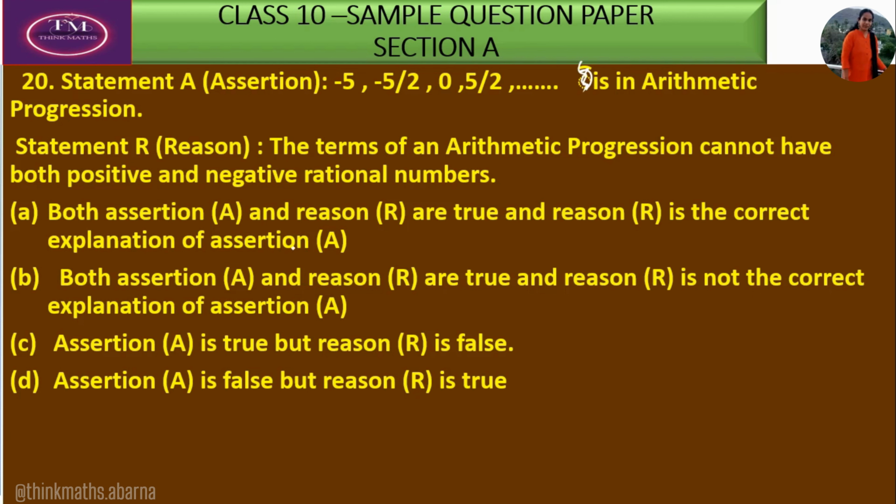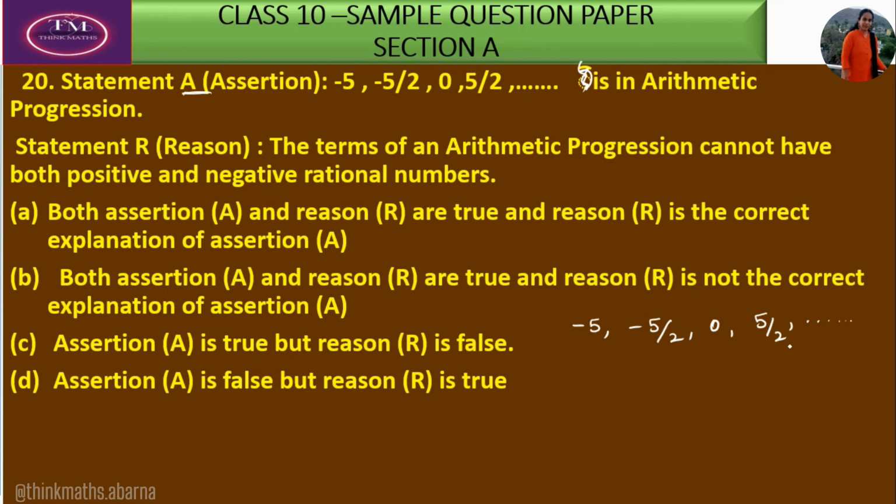Okay, children, let us check whether statement A is true or not. We have minus 5 by 2, 0, 5 by 2, etc. Let us check whether it is an AP or not.